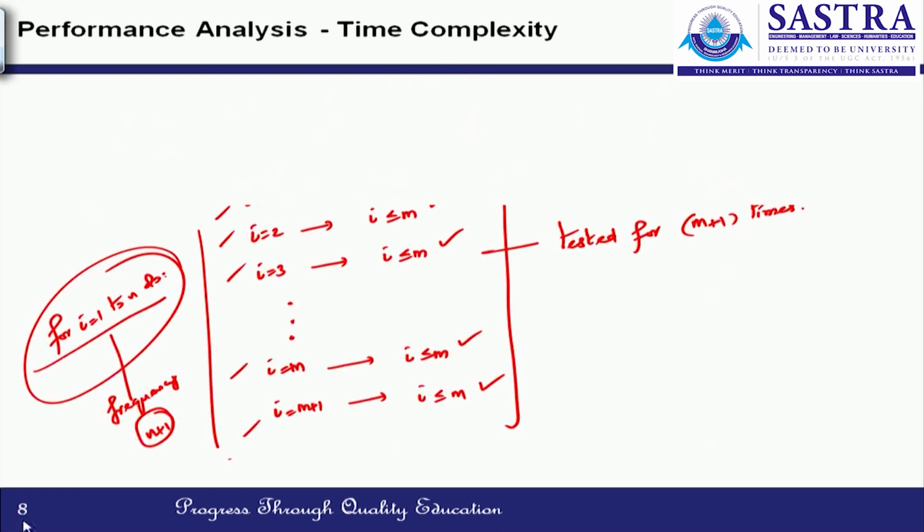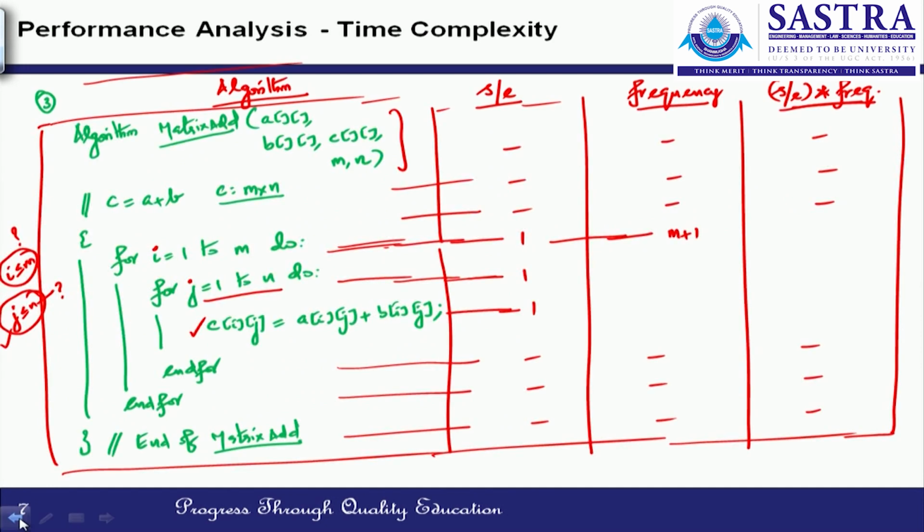Hence, for j is equal to 1 to n do, what is the frequency? The associated frequency is the product of m and n plus 1, m into n plus 1.